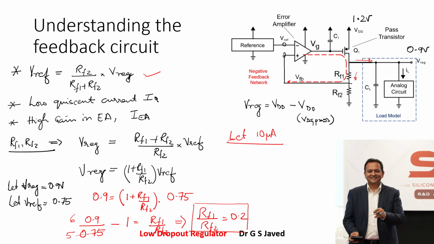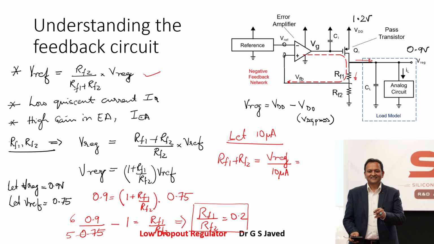Now how is this going to get set? We only want 10 microampere to flow through. So the current is V by R flowing through Rf1 plus Rf2. So Rf1 plus Rf2 is equal to Vreg divided by the current through this path, that is 10 microampere.